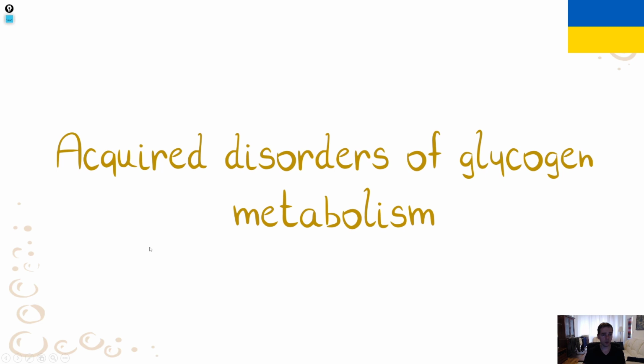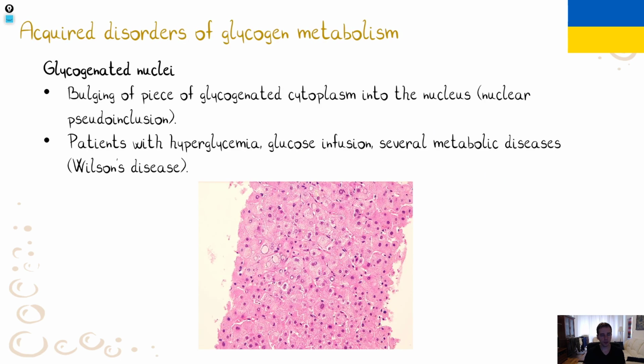A few notes about the acquired disorders. Typical example are glycogenated nuclei in hepatocytes. You can see them here as completely pale and enlarged nuclei. And this is not a nuclear inclusion. This is in fact a pseudo-inclusion.